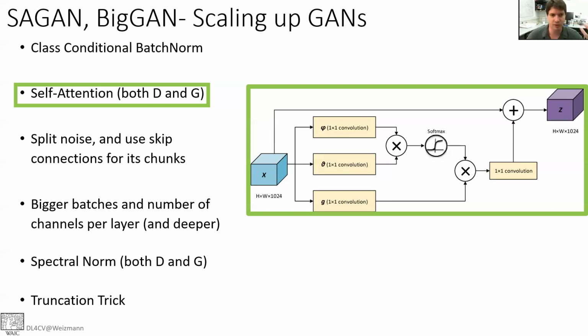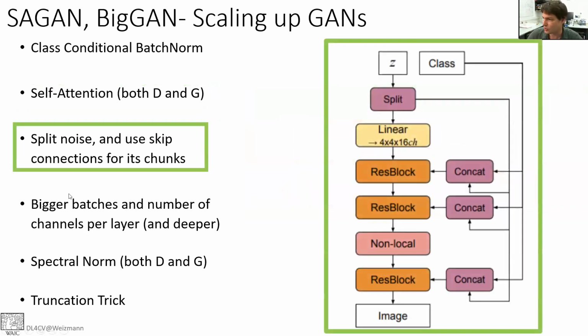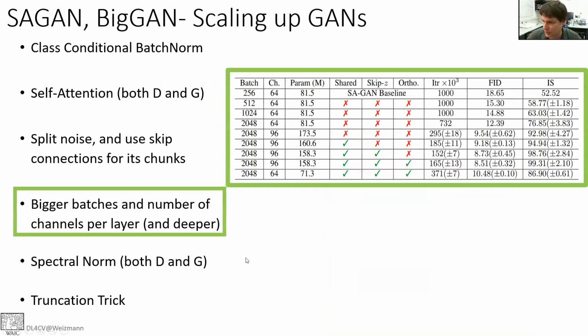So if you generate a face, for example, you don't want one eye to be blue and one eye to be brown, and using self-attention gives this awareness of resemblance between different elements inside a single image. We also do this trick of splitting the noise into parts and injecting it into different parts along the network, and this helps us avoid mode collapse and get more diversity.